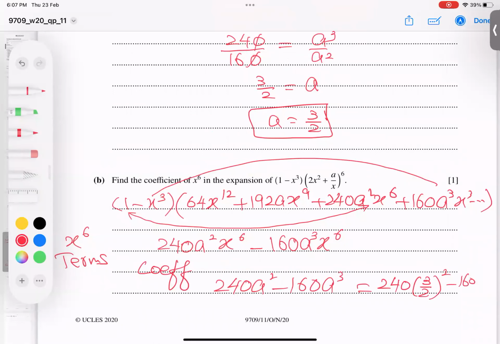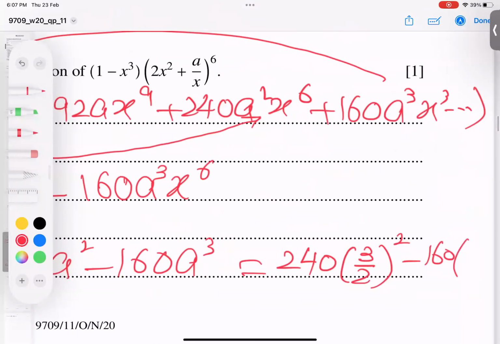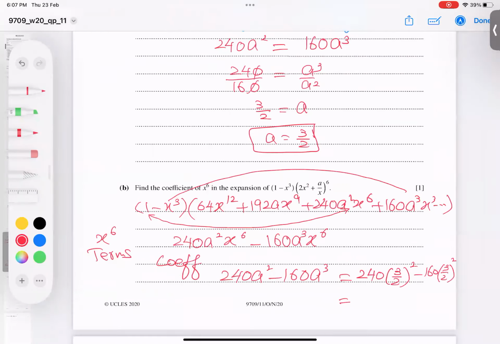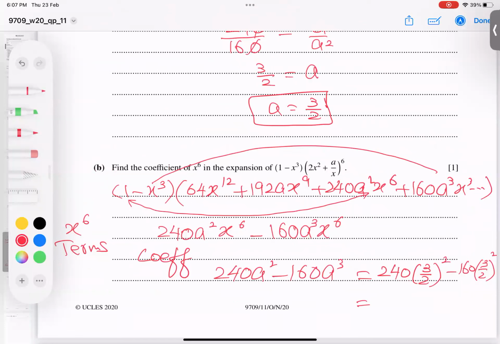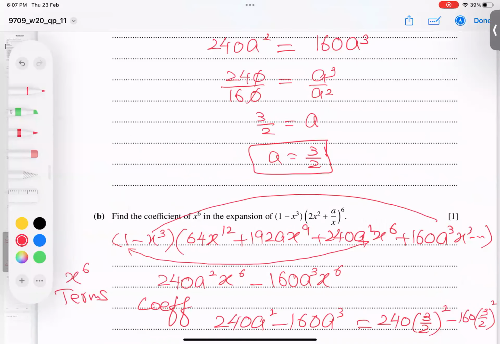So 240 into 3 divided by 2, power 2, minus 160 into 3 divided by 2, power 3. And the answer is coming 0. Alhamdulillah. So the point is very, very clear. I hope the concept is also clear.